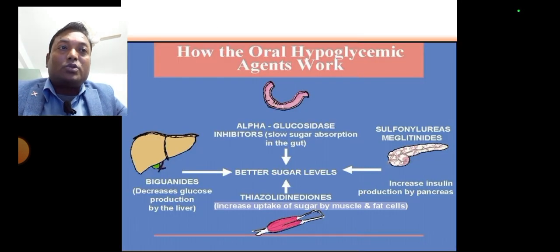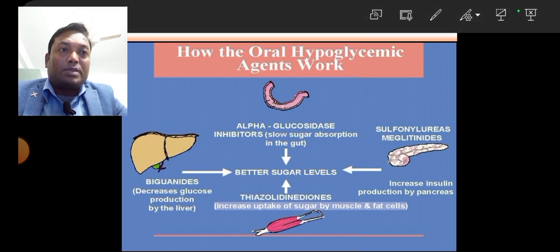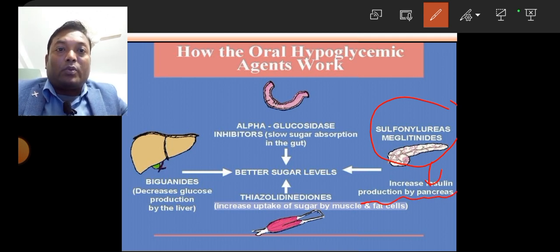Now, how do these oral hypoglycemic agents work? Those which enhance insulin secretion, that is sulfonylureas and meglitinides, increase insulin produced by the pancreas, while biguanides decrease glucose production by the liver, while thiazolidinediones increase uptake of sugar by muscle and fat cells.